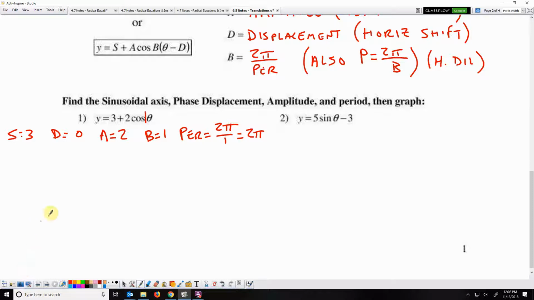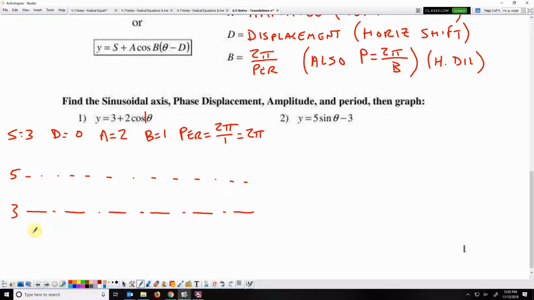So when we sketch this graph, the sinusoidal axis is going to be at 3. So there's my sinusoidal axis. It is at 3. The amplitude is 2, which means the maximum is 2 above that 3. So the maximum is 5.